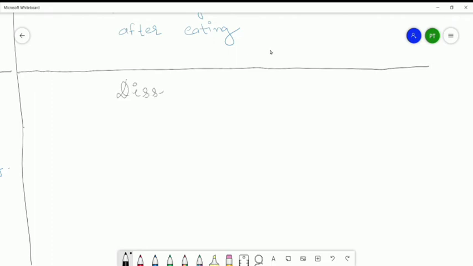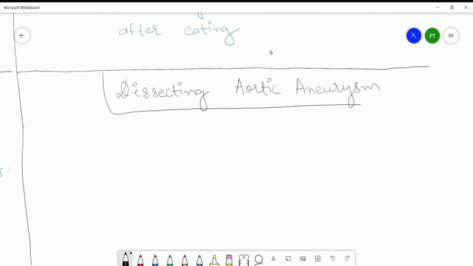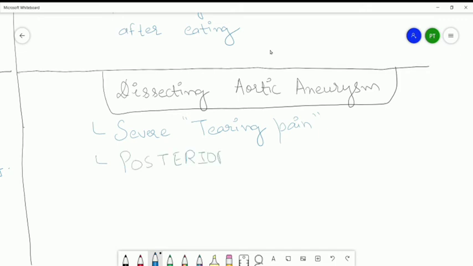Next we have dissecting aortic aneurysm. Okay, so in dissecting aortic aneurysm, there is severe tearing pain which is felt in the posterior part of the chest.